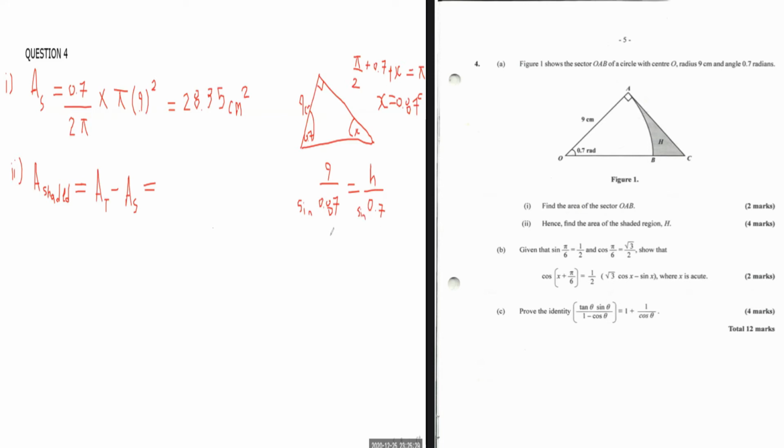So from this we can find h, and we can say that h is equal to 9 sine 0.7 over the sine of 0.87. That will give us the height of the triangle.